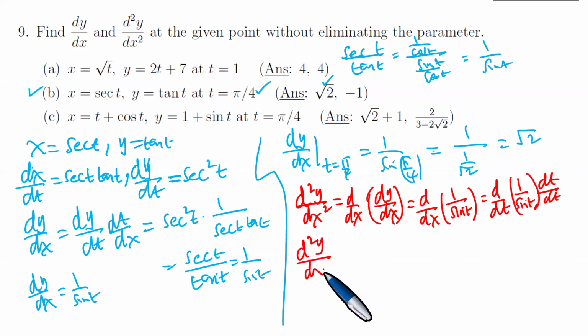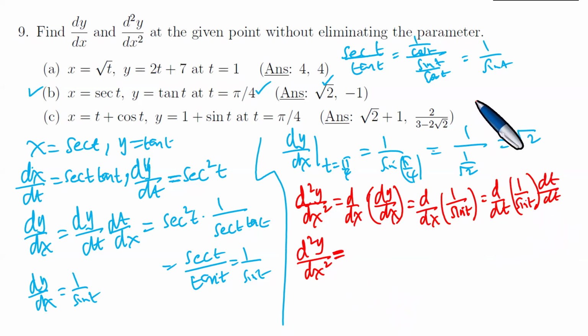The derivative of this by the chain rule is what?